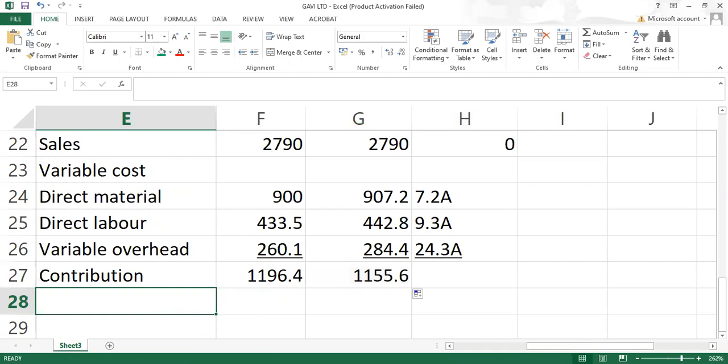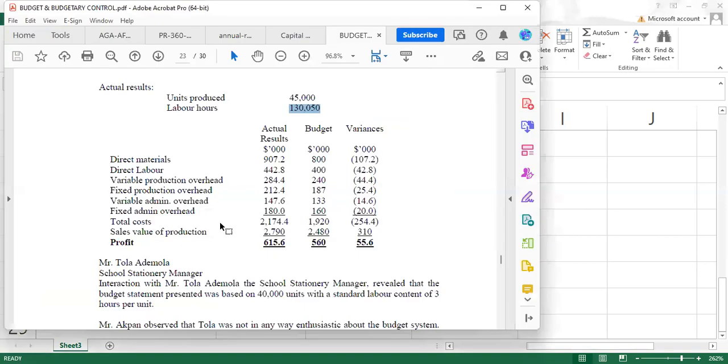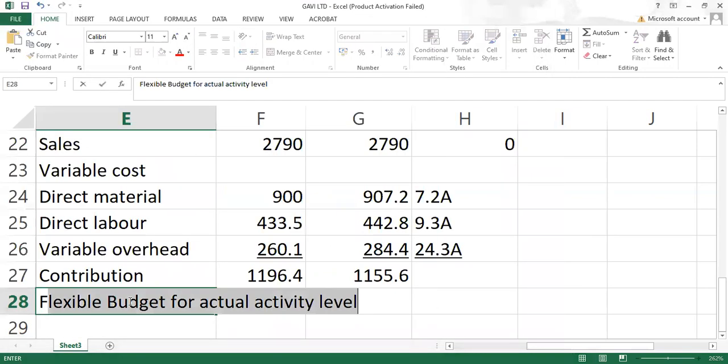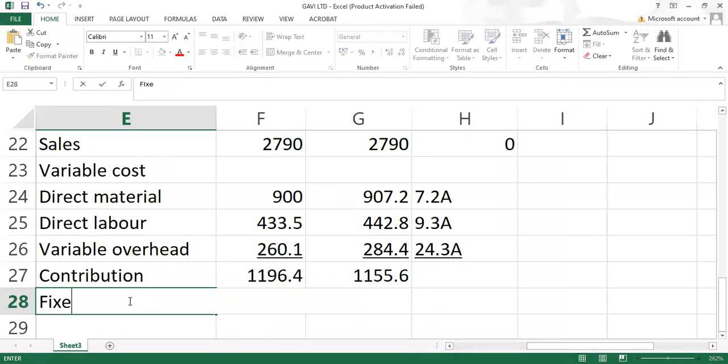What do we start from? We now start from overhead cost, isn't it? The first one is fixed production overhead.